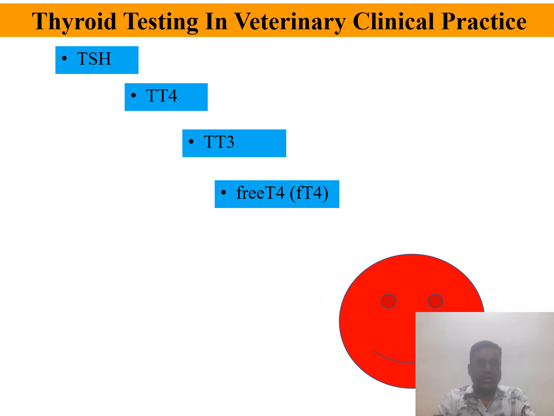In thyroid testing in veterinary clinical practice, we are using TSH, total T4, total T3, and free T4. These are the four parameters. They must be there in your diagnostic panel. But every parameter has some advantages, and they need to be cross-checked with the existing disease condition if available.